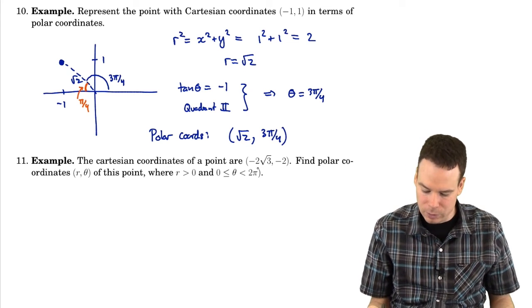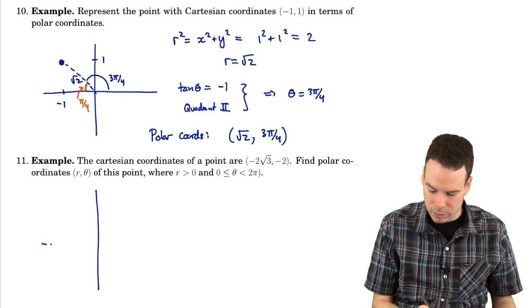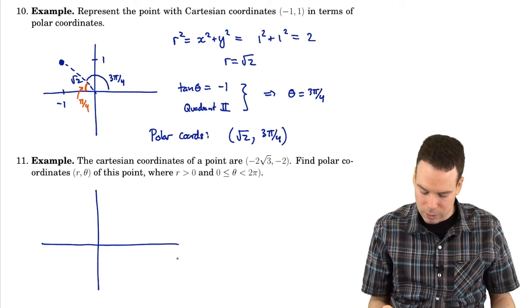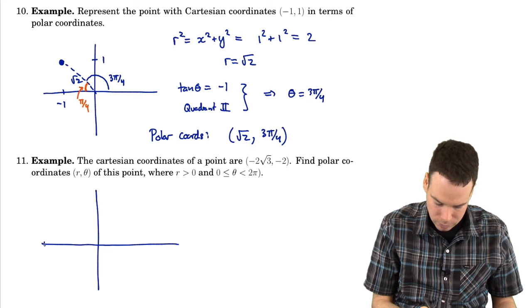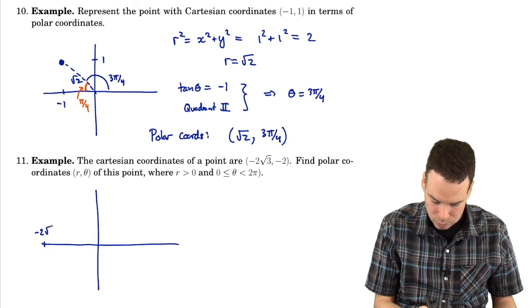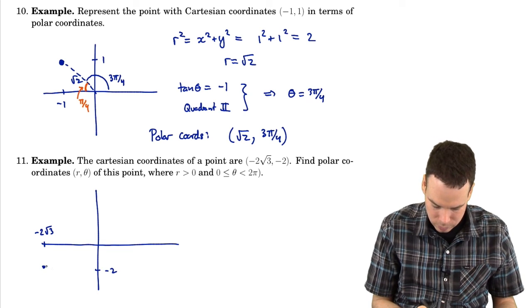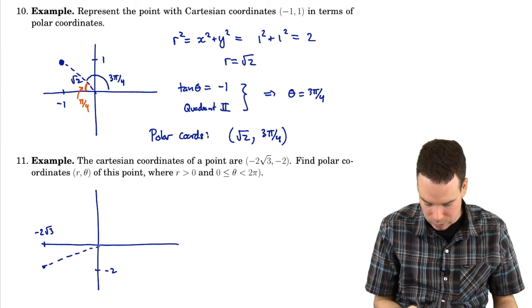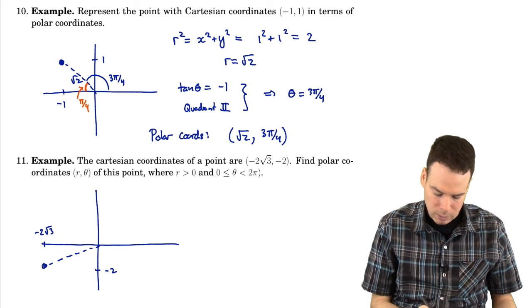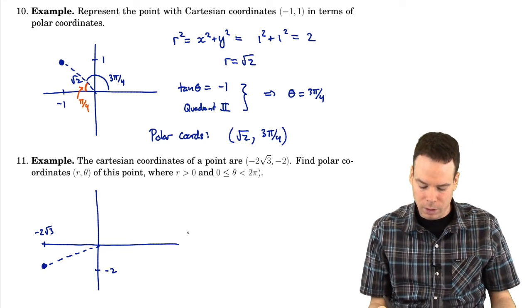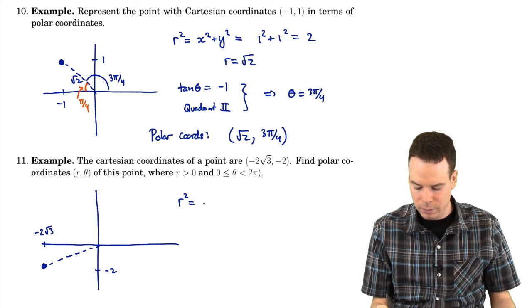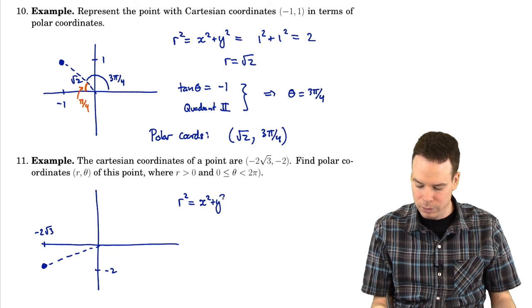How about this next example? Cartesian coordinates are -2√3 and -2. So we're out here at -2√3 and down here at -2. So something like this. What's our corresponding r value? Well, r squared is x squared plus y squared.